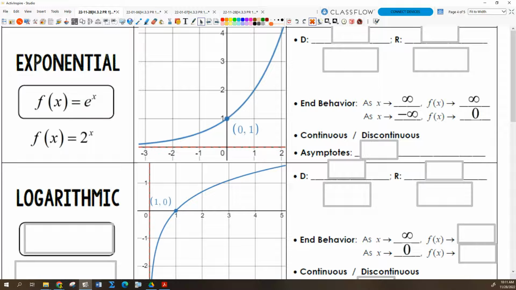What's the domain? All reals. Okay, now careful on the range. What about the range? What do you think?